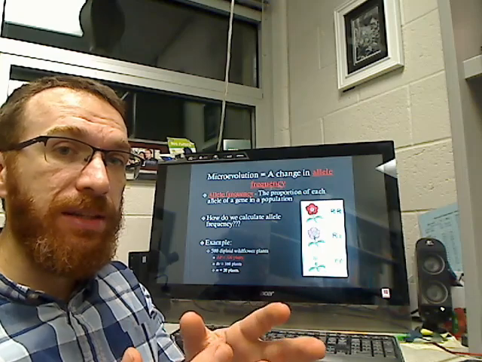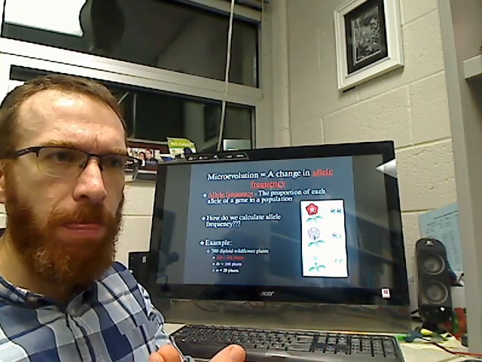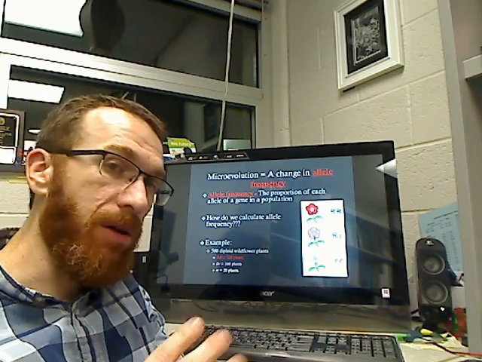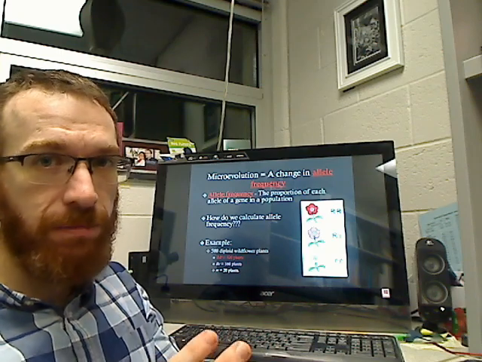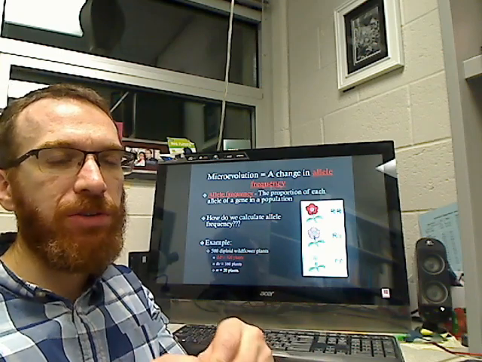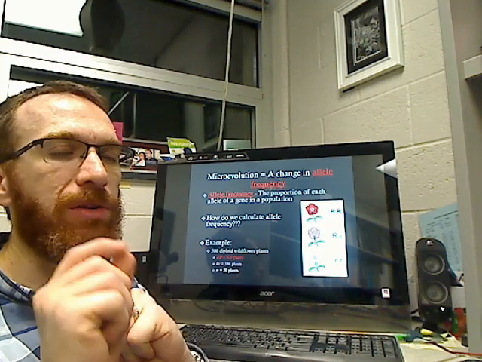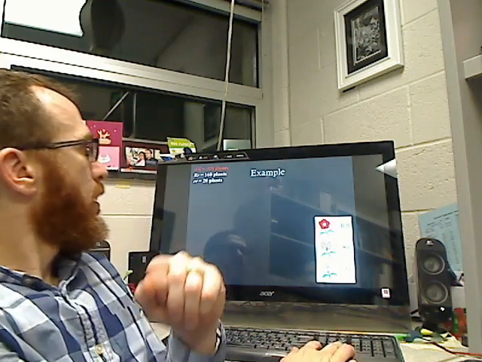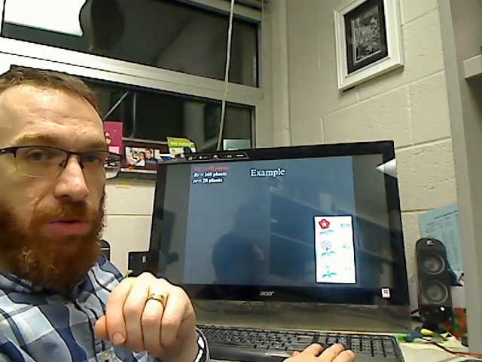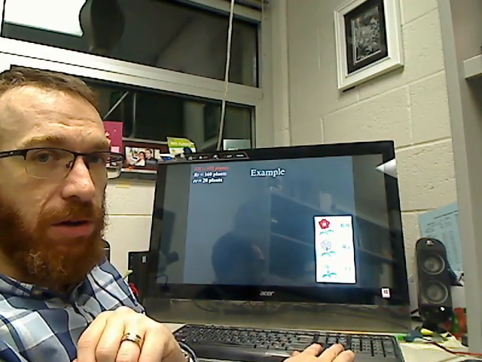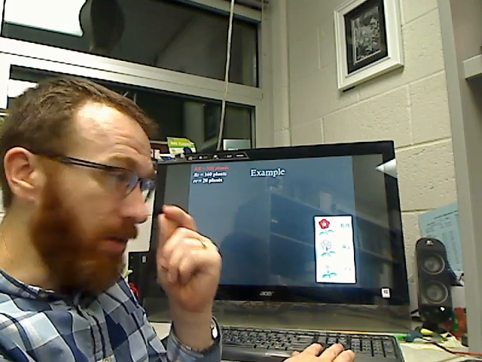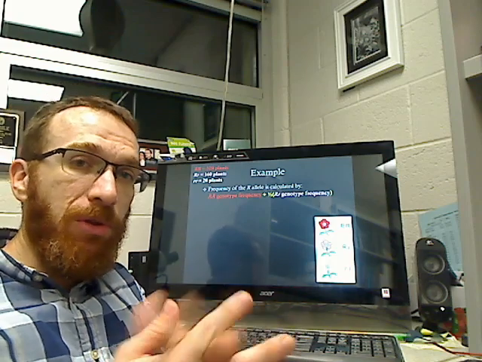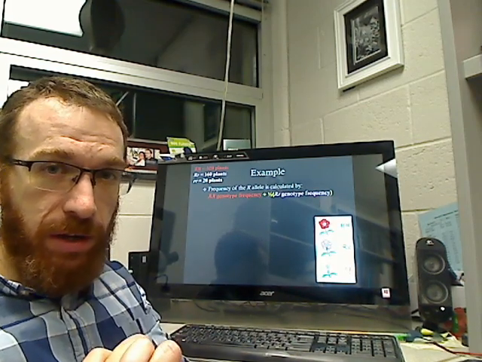So how do we get the allele frequency? One of the alleles here is big R. The other allele here is little r. What if we want to know in this population, what is the frequency of big R? Or what is the frequency of little r? How do we do that? As I said, you have 320 big R big R, 160 big R little r, and 20 little r little r. Remember those genotype frequencies I was just telling you how to calculate?